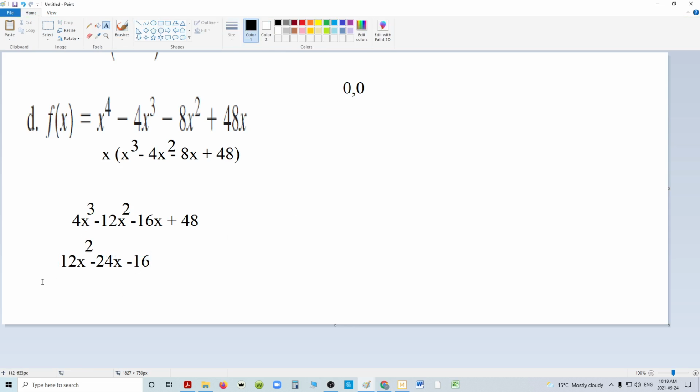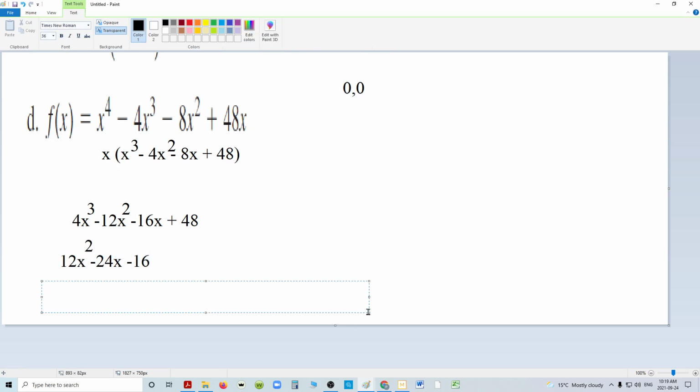I can clearly take a 3 out of each of them. No, at least a 2. And another 2. So I can clearly take a 4 out of each of them. 3x squared minus 6x minus 4.